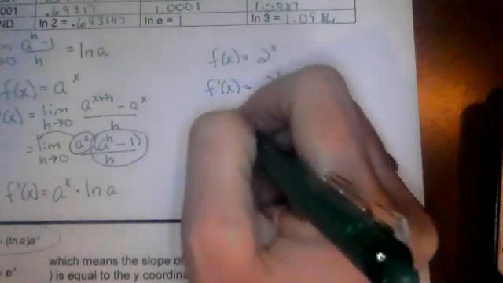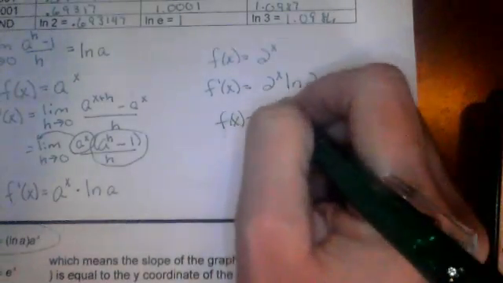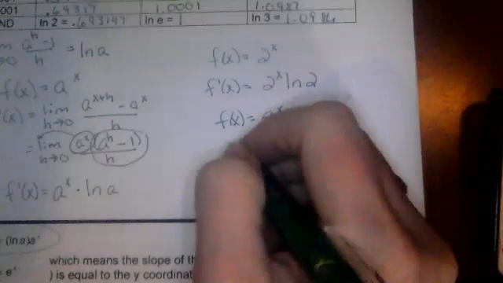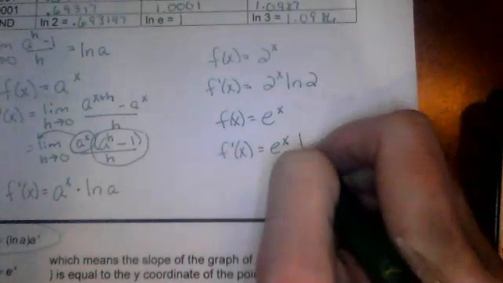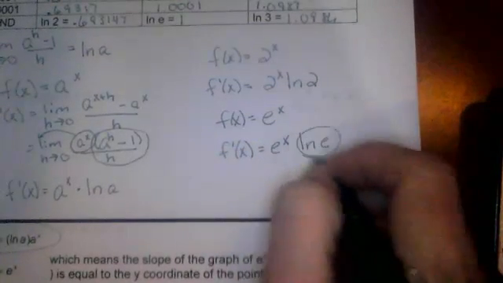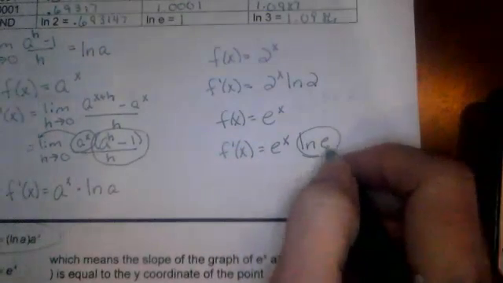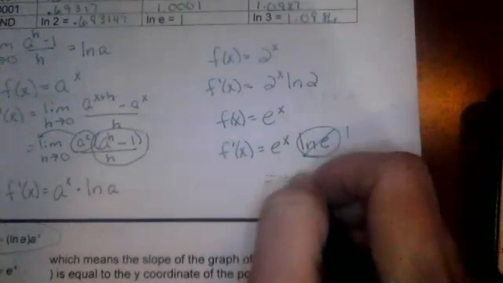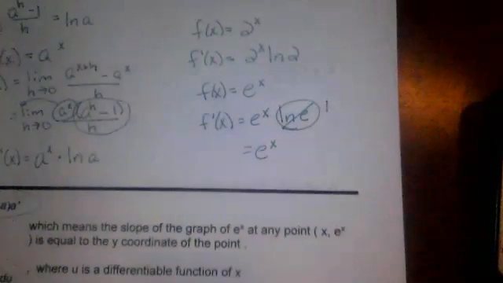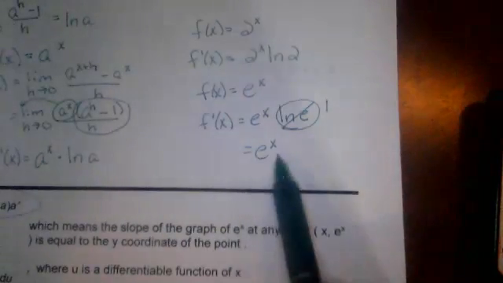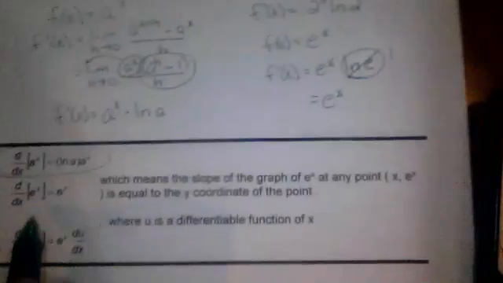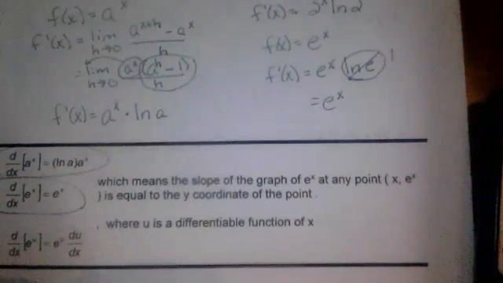So if my function were equal to e to the x, then my derivative would be e to the x times ln of e. But what is ln of e? ln of e is just 1, so I just get e to the x. So it's kind of unusual, but the function e to the x has a derivative of e to the x. So that's what this is telling you.